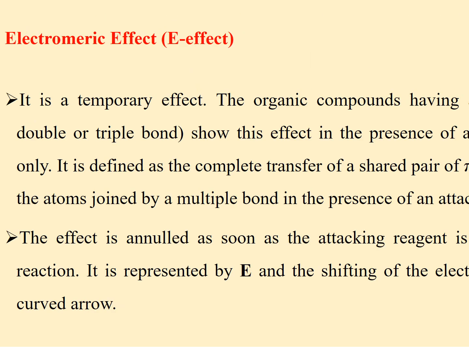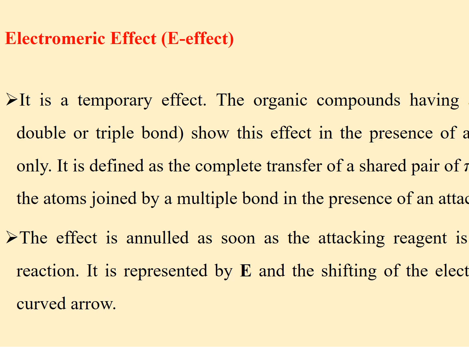Coming to the electromeric effect, it is a temporary effect. Organic compounds having a multiple bond, that is double or triple, show this effect in the presence of an attacking reagent only. It is defined as the complete transfer of the shared pair of pi electrons to one of the atoms joined by the multiple bond in the presence of an attacking reagent.